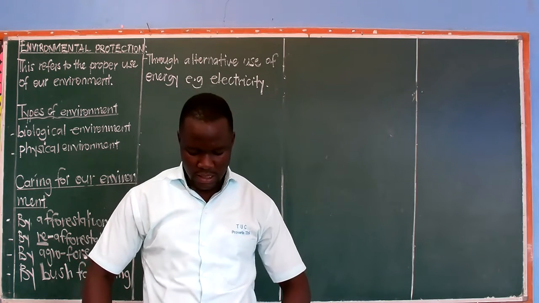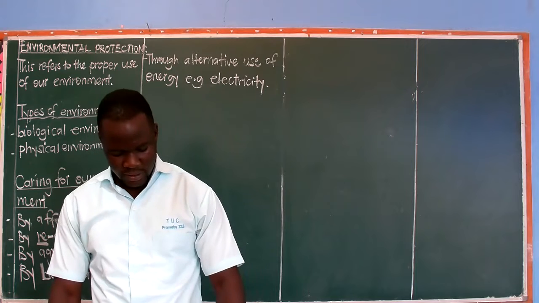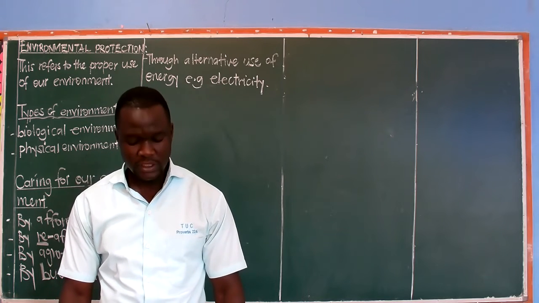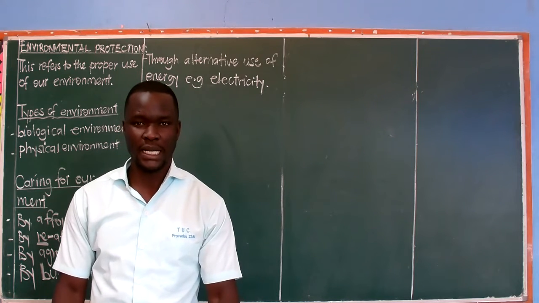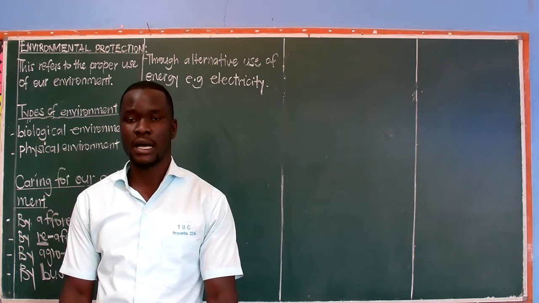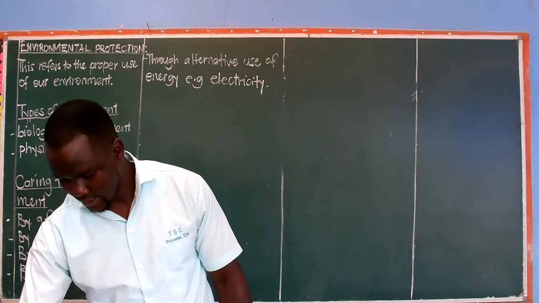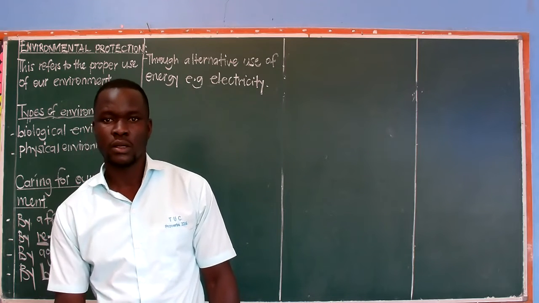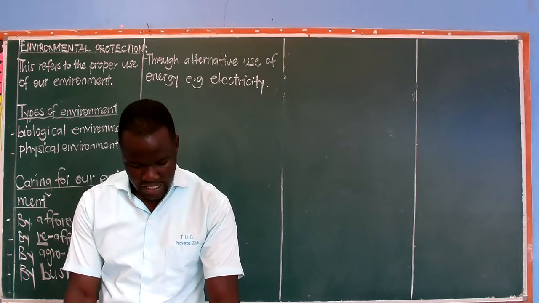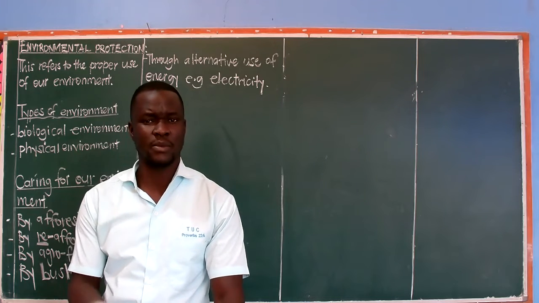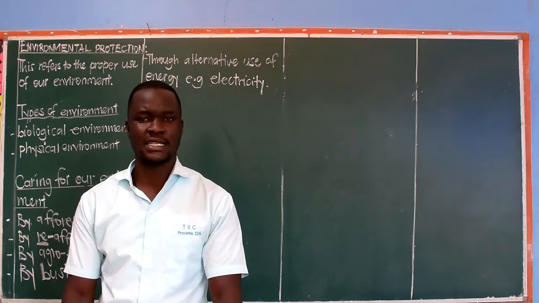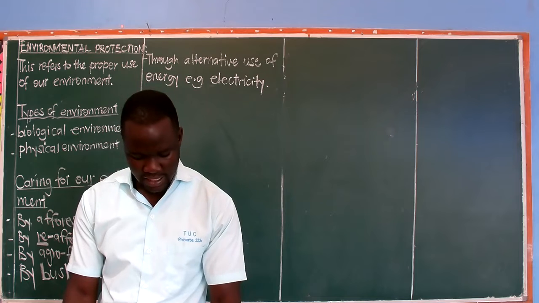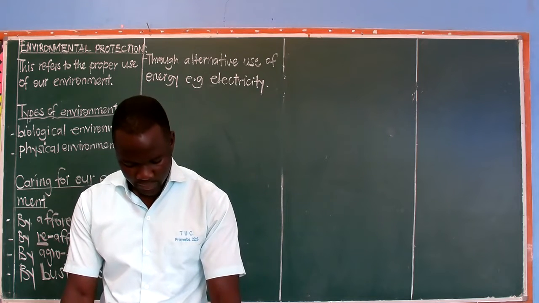We have thermal energy that we use from burning fuel, for example fuel like coal. Fuel like petrol can be burnt, like in a generator: they pour the fuel, then they start it and it produces energy that can be used other than wood fuel.